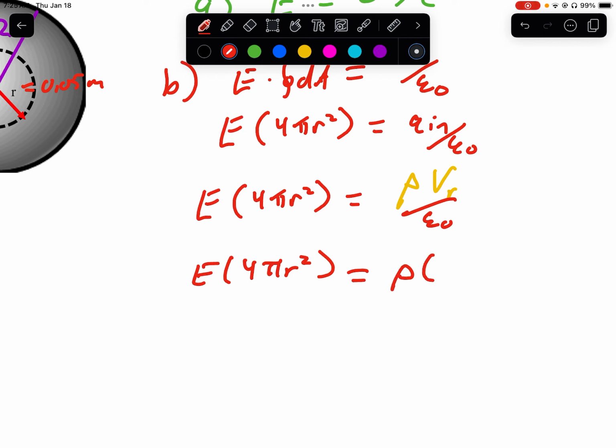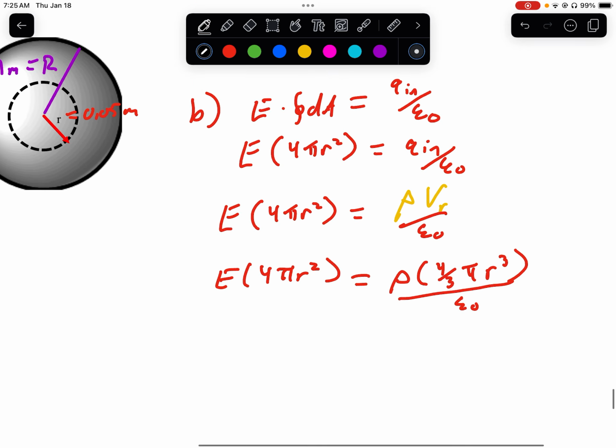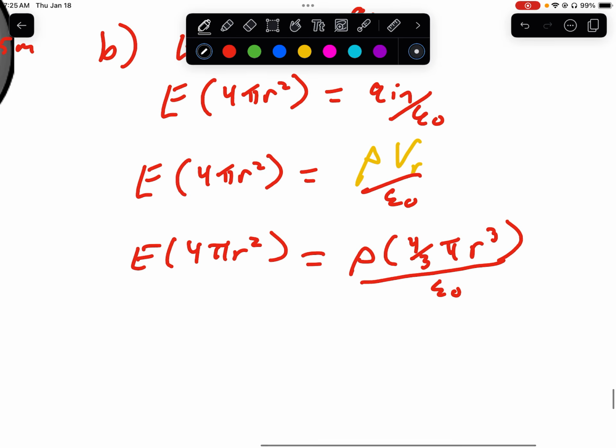The volume of a sphere is 4/3 pi r cubed. And this is a little r because we're talking about this Gaussian sphere that we've drawn of radius 0.05 meters. Really, this expression would give us the electric field anywhere below the surface of the sphere, anywhere from the center out to the surface.